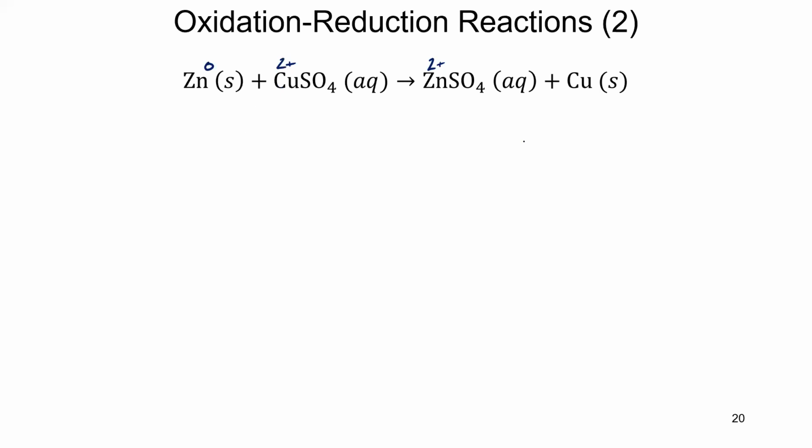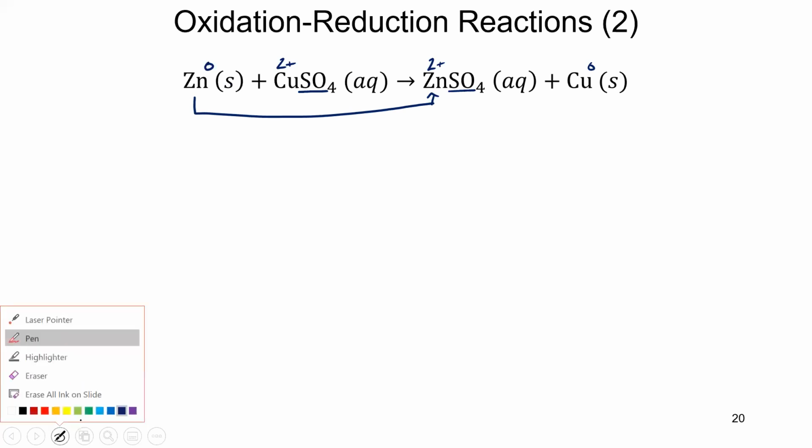And copper on the right? 0. Because sulfate is sulfate on both sides, the charge isn't changing. If sulfate broke down into something else, then we'd have to worry about it. But because sulfate doesn't change, we're just going to leave it be. We don't really care much about the sulfate here. So, what happened to our zinc? Did it gain or lose electrons? Lost. It lost electrons.